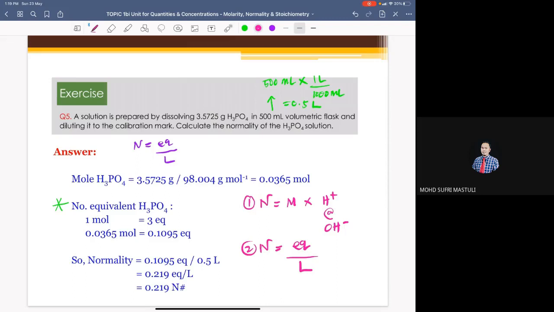For equivalent per liter, you have to calculate the overall mole, and then the equivalent reacting unit. My advice is to focus on this equation. It's very simple, but you have to calculate the molarity first.